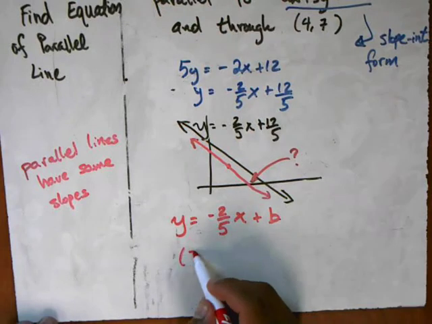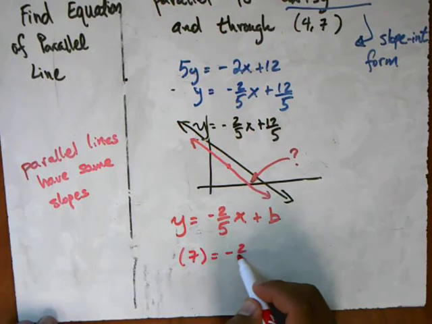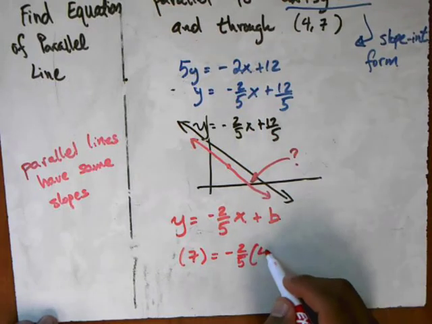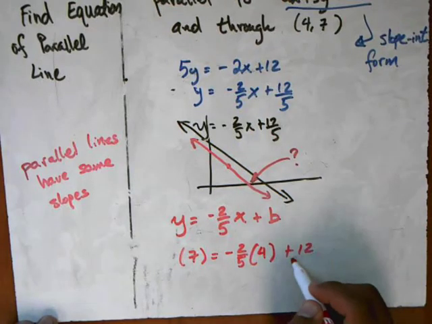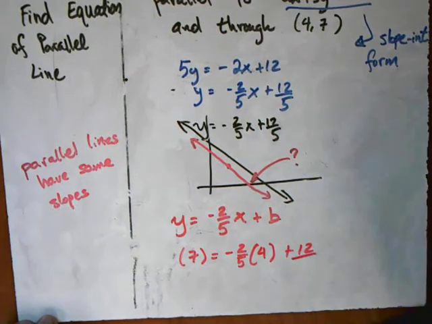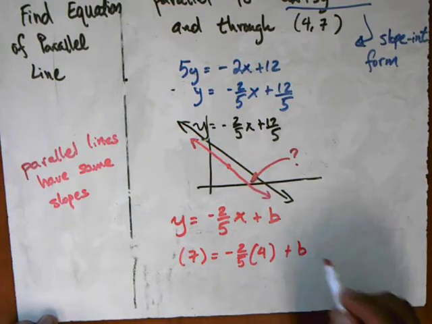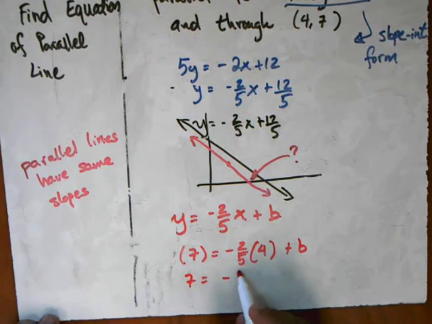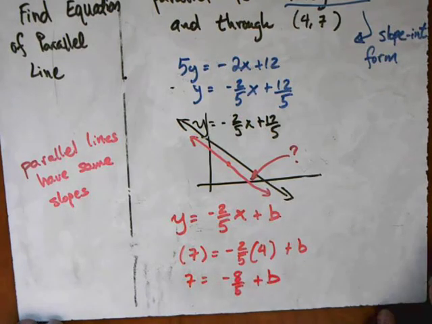So I can substitute in 7 for y, 4 for x, and I almost wrote 12/5 there, but it should be plus b because that's what I'm looking for. And then just solve this problem. So 7 equals negative 8/5 plus b.